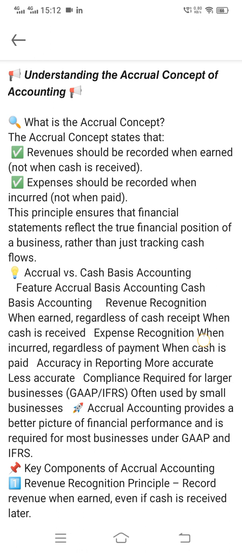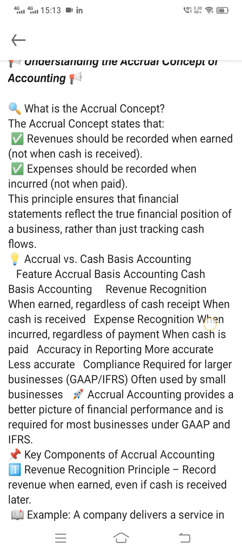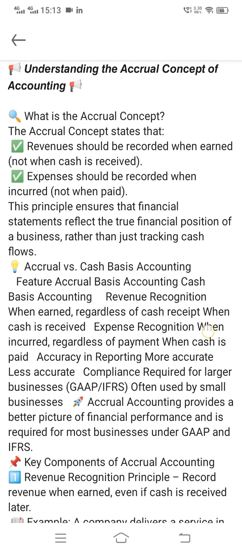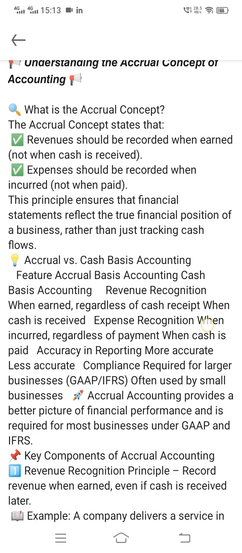Now we will understand accrual basis and cash basis. In revenue recognition under accrual, we record the revenue when it is earned, regardless of cash receipt, and in cash basis it will be recorded when cash has been received.